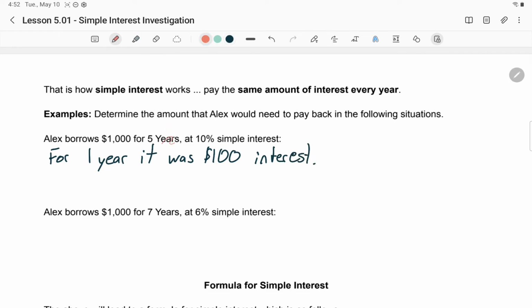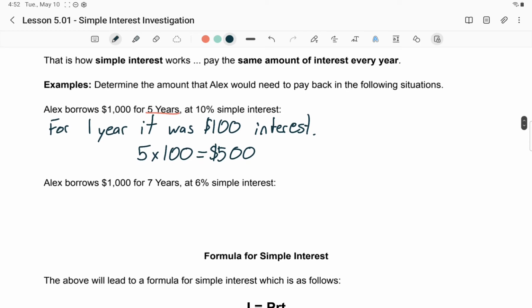And if we're doing it for 5 years now, in a sense, we're just going to be paying that 5 times over. So 5 times 100 is going to equal $500. And then in 5 years' time, you'd have to give them back $500 plus the original loan amount.